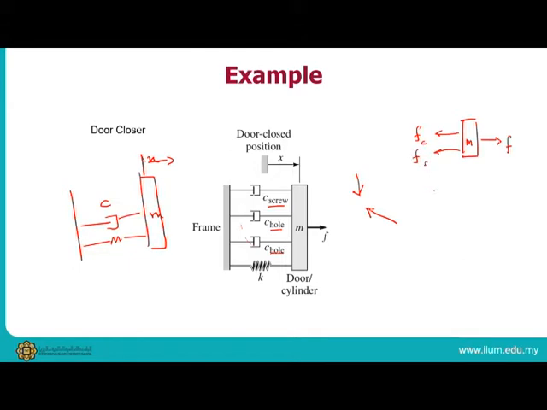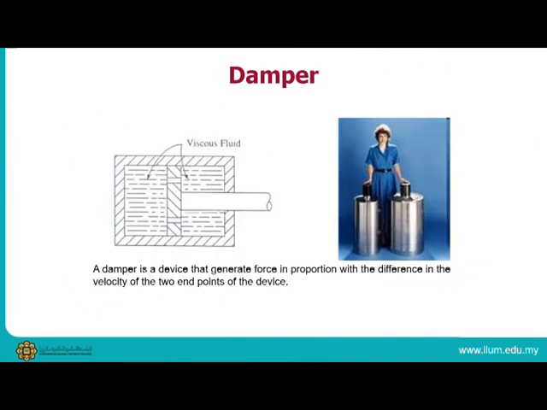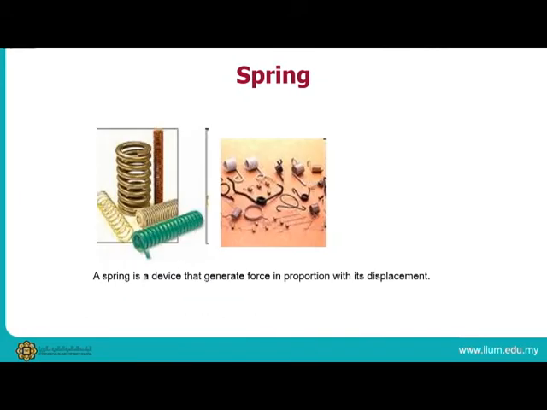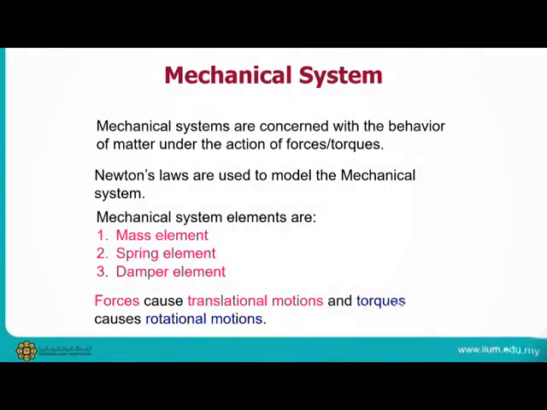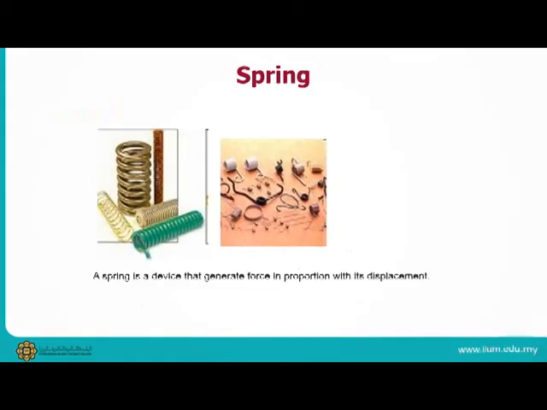So if you look at the mass, you can use this formula for the mass. I can go back to this slide. Okay, this one. You need to use this formula because it's a translational motion.